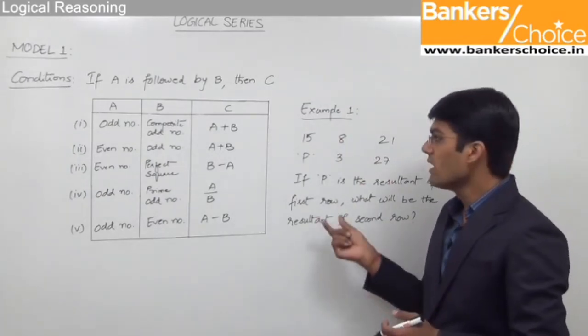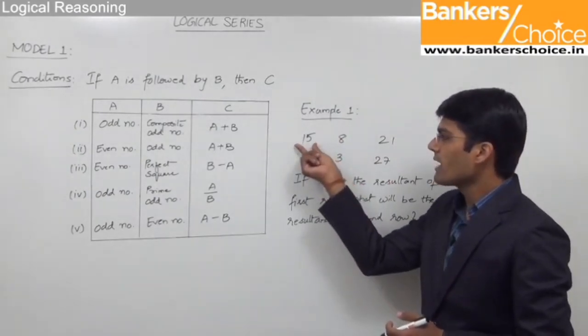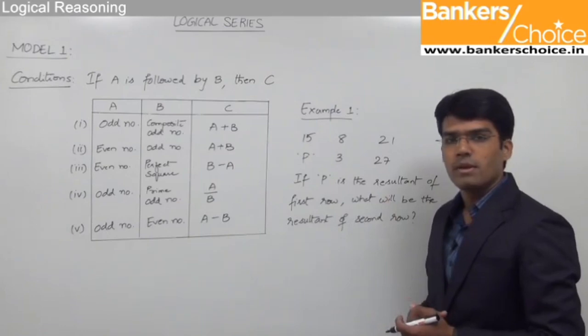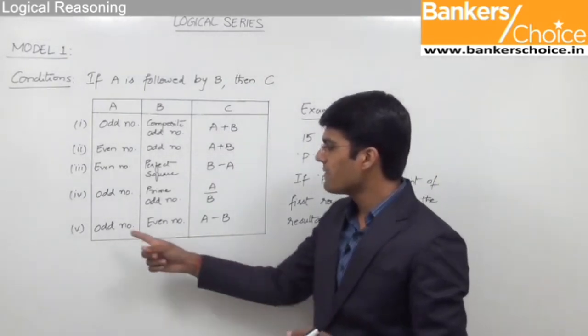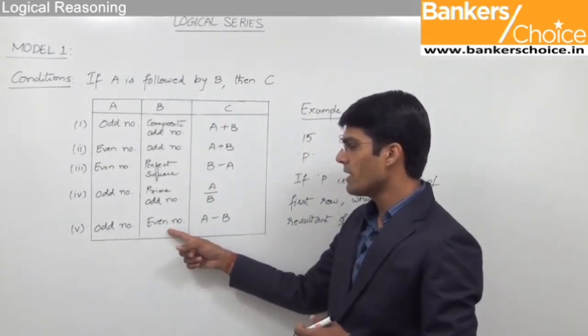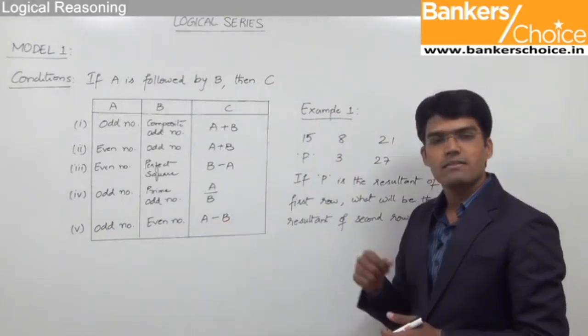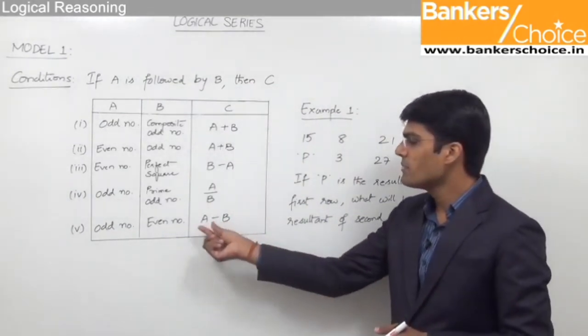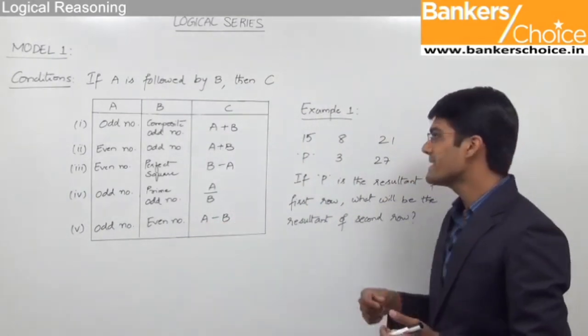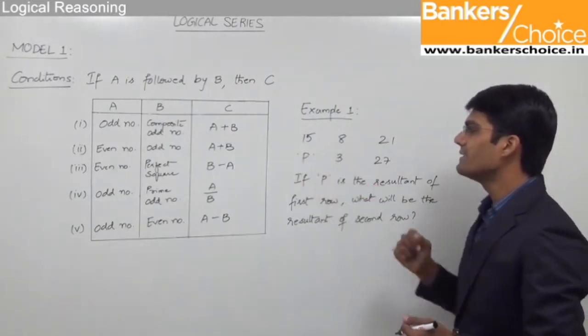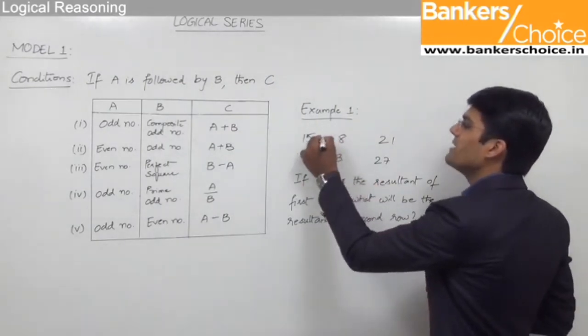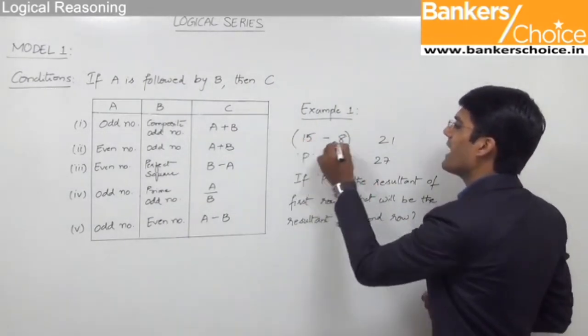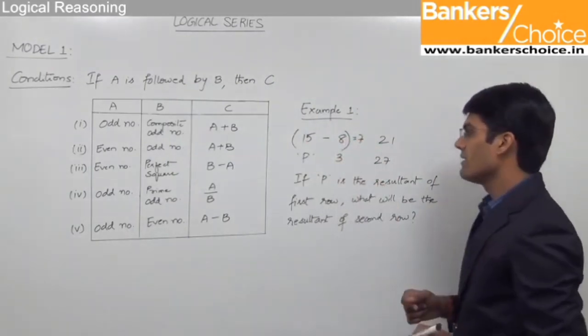So let us now see what is the condition for an odd number followed by an even number. Very clearly we know that when an odd number is followed by an even number, the even number is subtracted from the odd number. That is odd number minus even number. So here I can say that for 15 and 8, the operation to be applied is 15 minus 8 and we obtain this as 7.